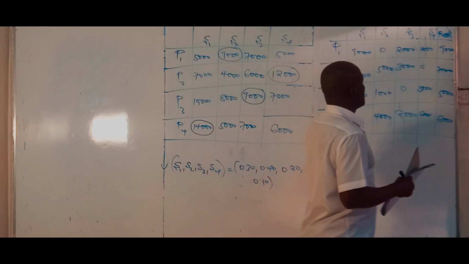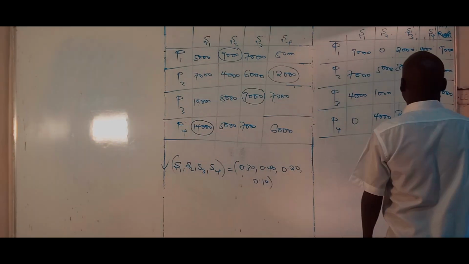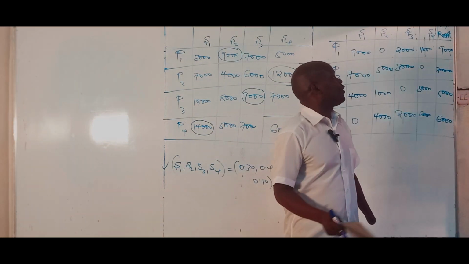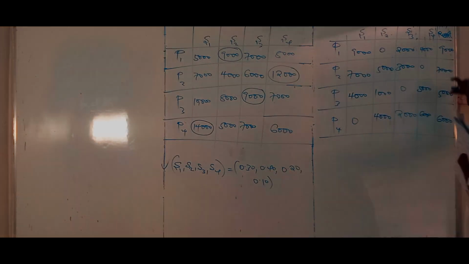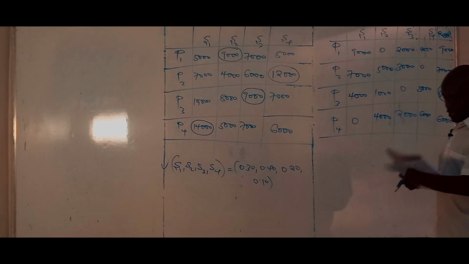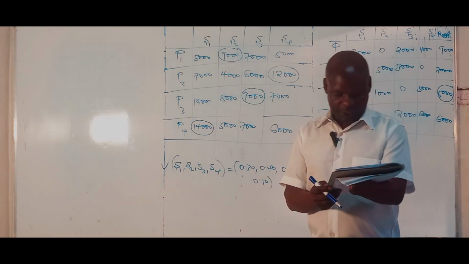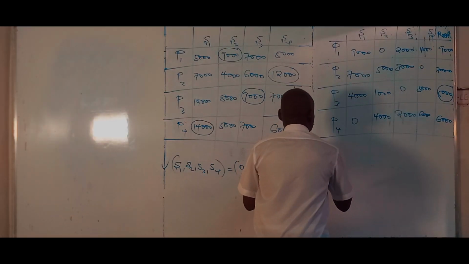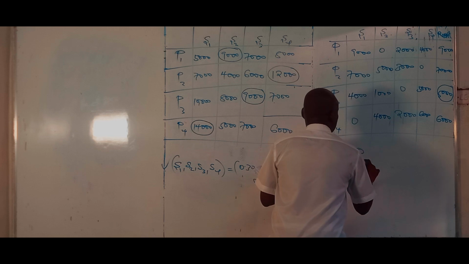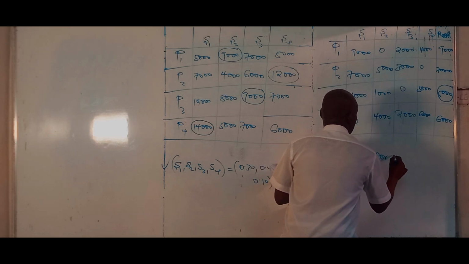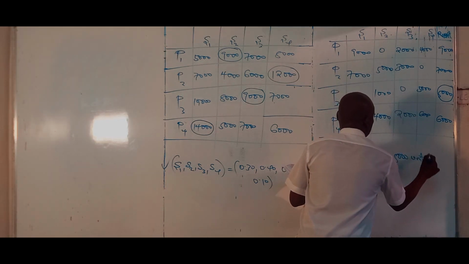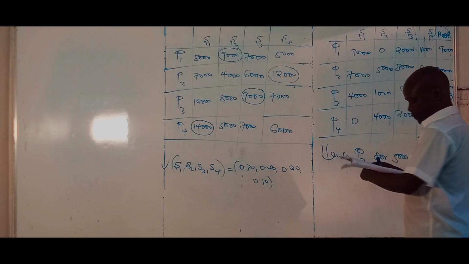But what is the minimum of the maximums? The minimum is 5,000. So we say the minimum regret corresponds to P3 and is 5,000 units. Hence, P3 for 5,000 units.